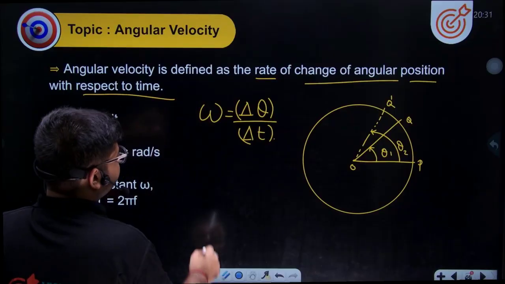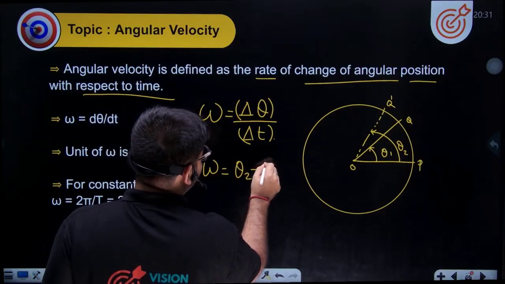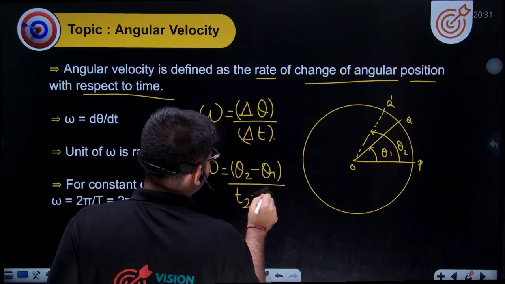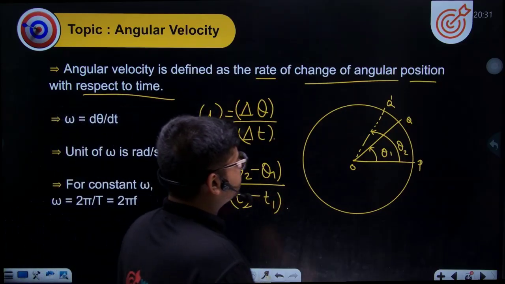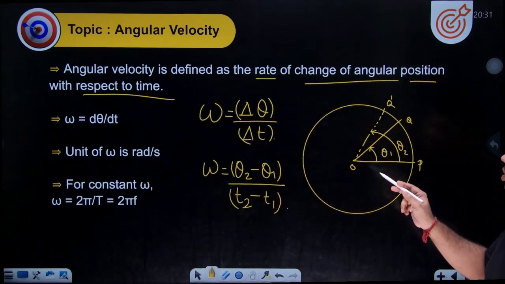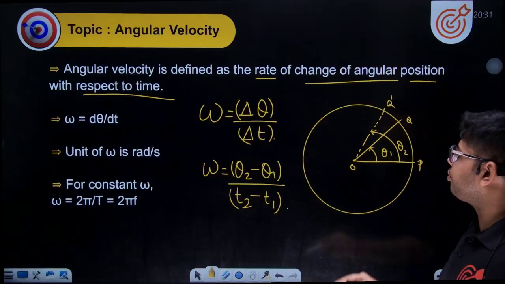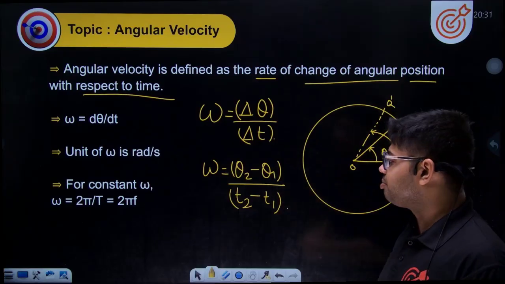So omega is going to be theta 2 minus theta 1 divided by t2 minus t1, which is the time taken, right. If you know theta 2, theta 1, and t2 and t1, very easily you can find out the omega.